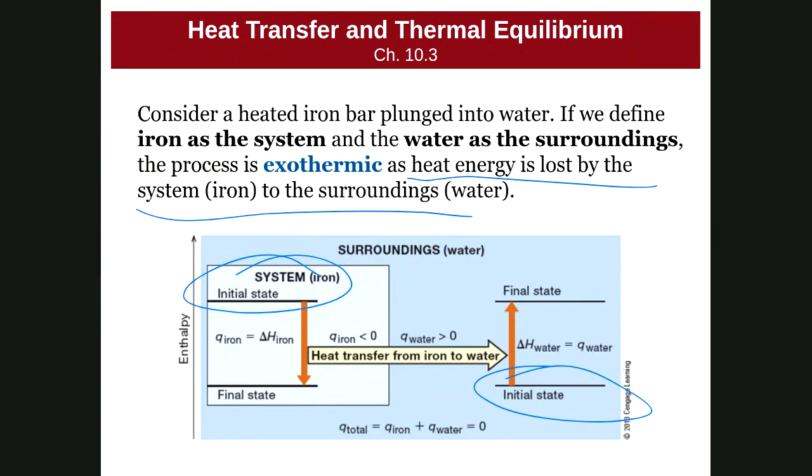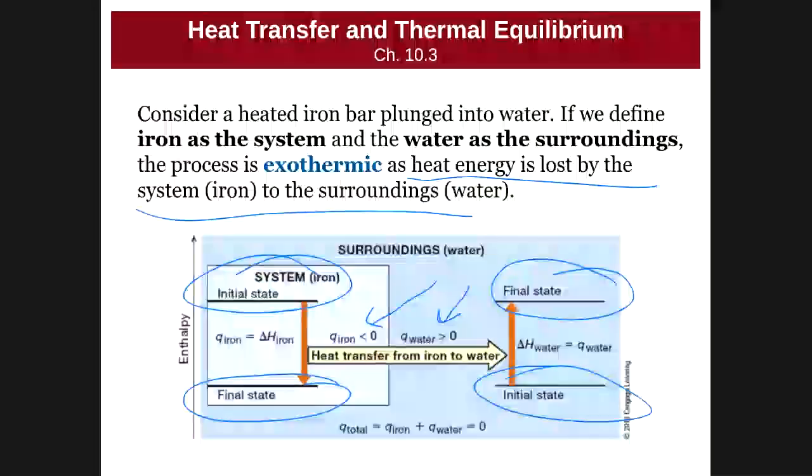So when we put them together, the iron cools down. So we have a loss of heat from the iron, and the water heats up. We have a gain of heat by the water. So this is a heat transfer from iron to water, and the iron is losing heat, so it's a negative change, and the water is gaining heat, it's a positive change.